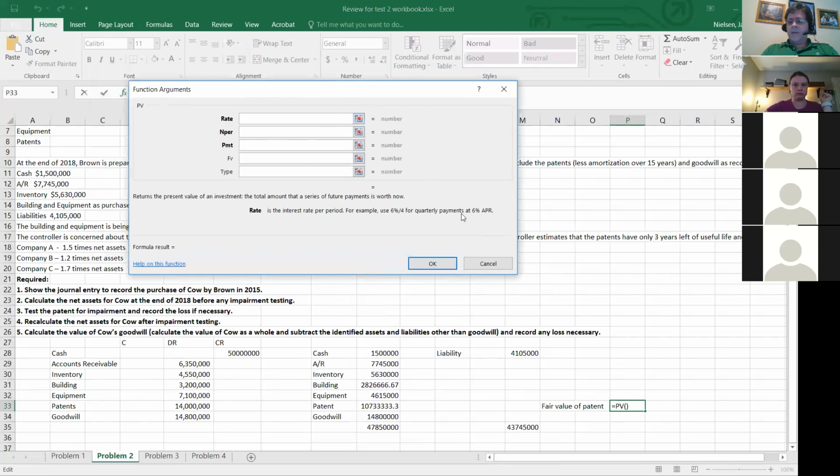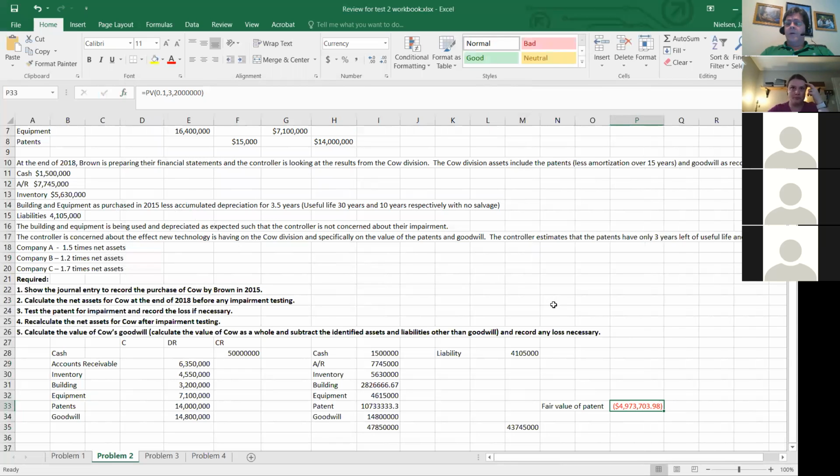That's what I used in my answer, so I hope that's what I gave you. 10% is what's on the Word document. Okay, number of periods. Well, 3 years, right? 3 times, and it's $2 million each time. So the real value is $4,973,704.